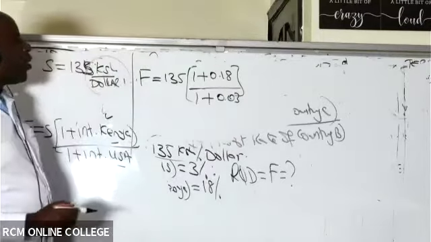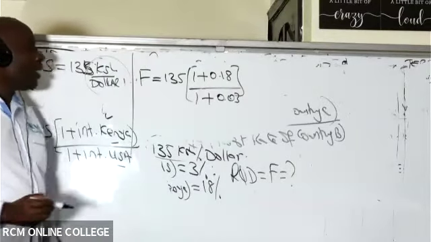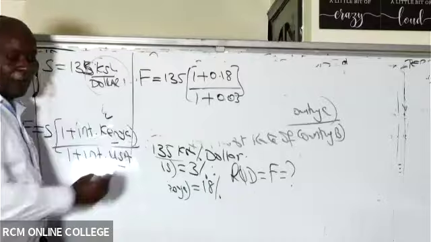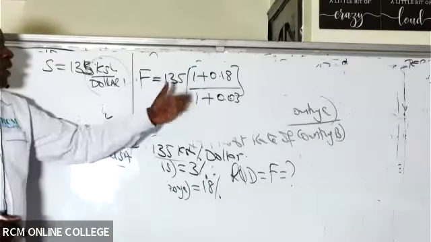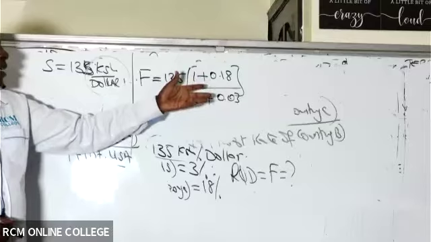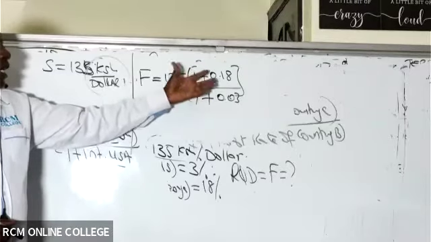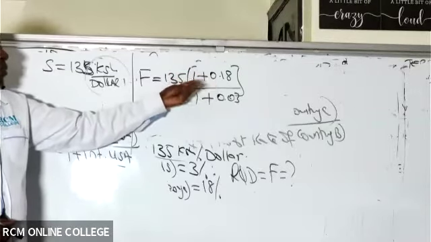Go slowly there. You will say 135 times this bracket, even if it's 1, you have to handle it separately. First of all, you deal with the brackets.